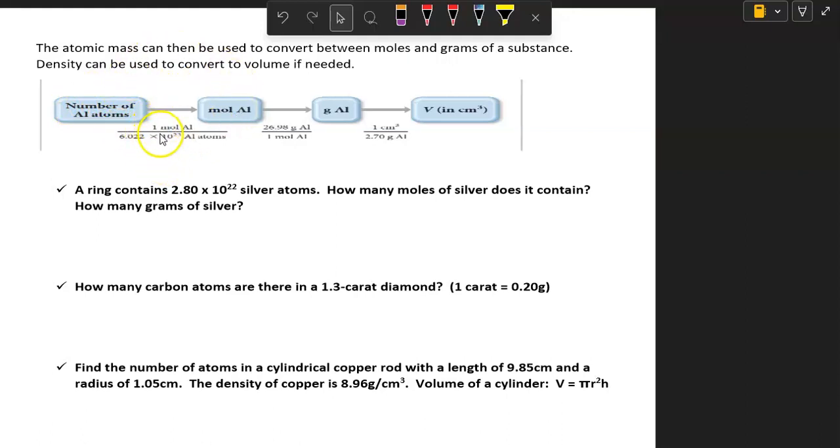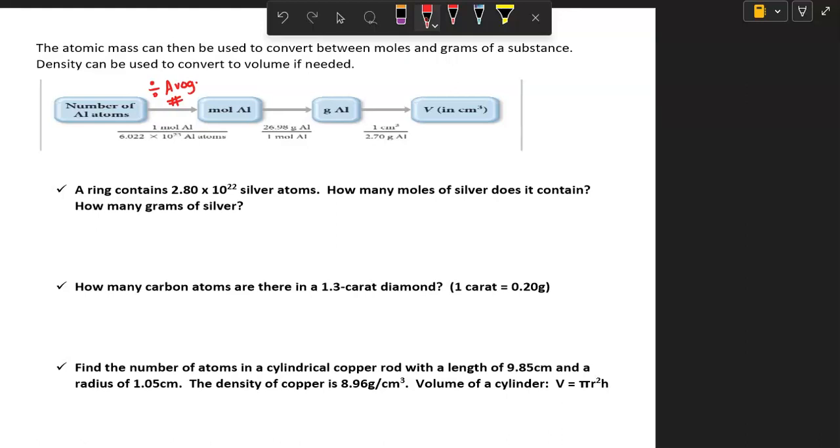And underneath here, it has 1 mole of aluminum is Avogadro's number of aluminum atoms. So what that's saying is, to go from atoms to moles, you're going to divide by Avogadro's number. Doesn't matter if it's aluminum, copper, whatever. You're going to divide by Avogadro's number.